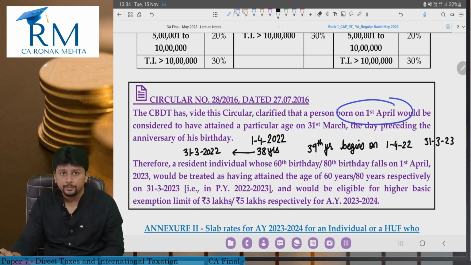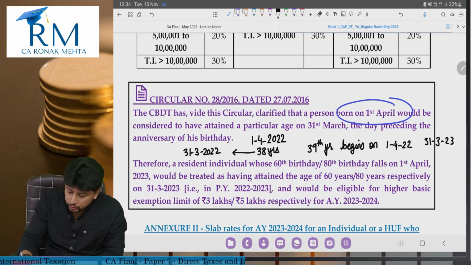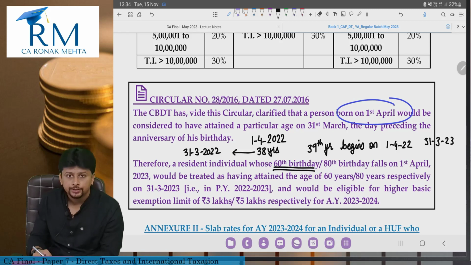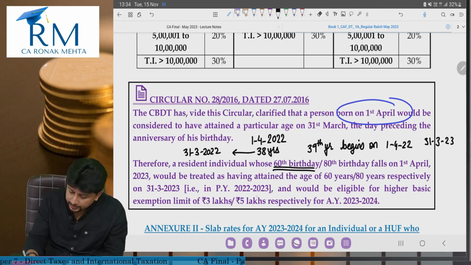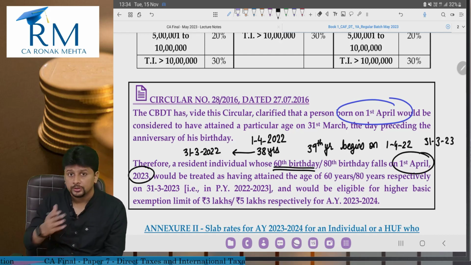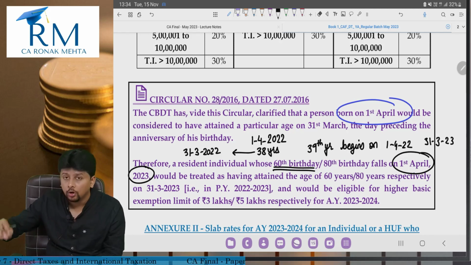It is necessary because suppose you complete 60 years of your age on 1st April 2023. That means 60 years are not completed on that day. Your birthday is 1st April.